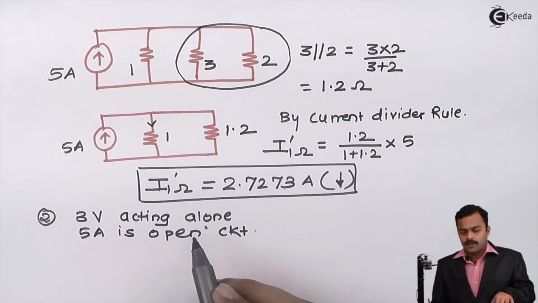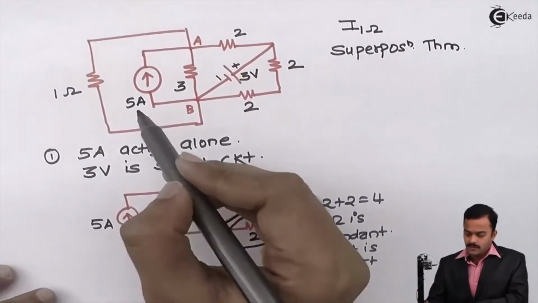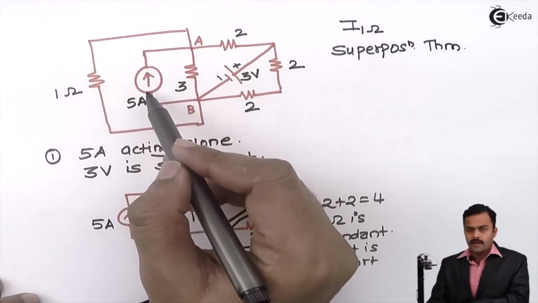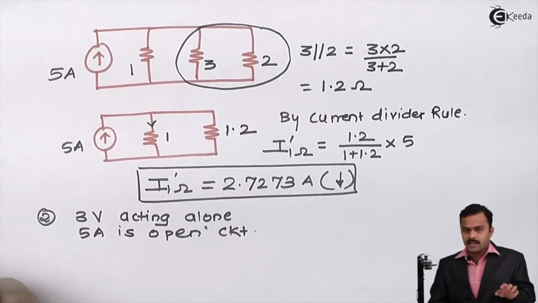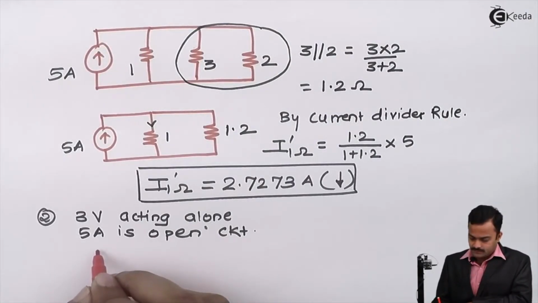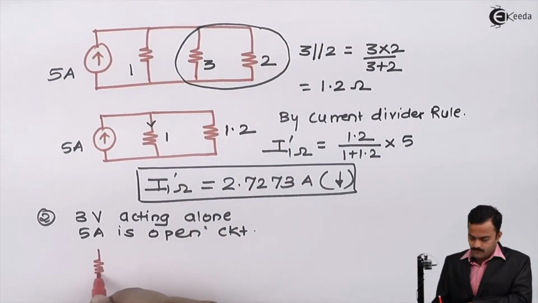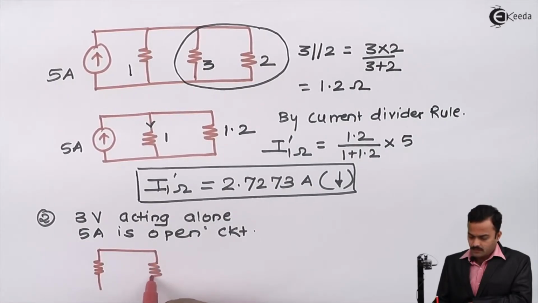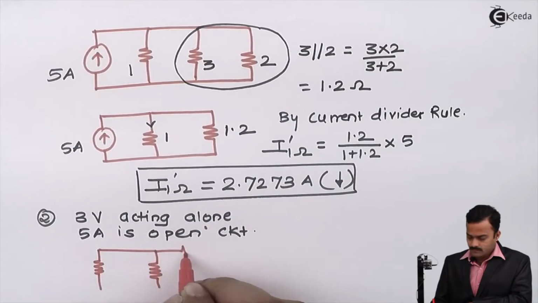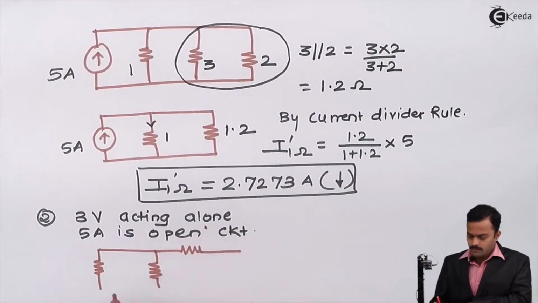So considering this modification in the original circuit where I am removing this 5 ampere and 3 volt is acting alone, the structure I will get is like this. 1 ohm in parallel with 3 ohm, 2 ohm.